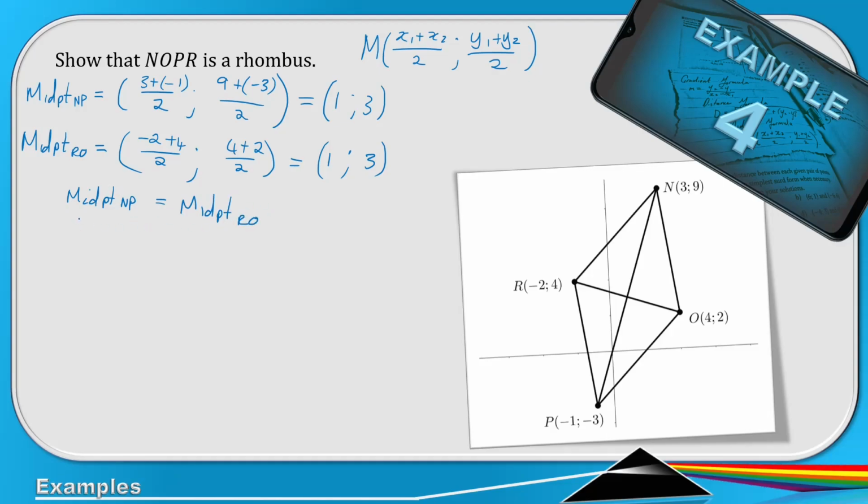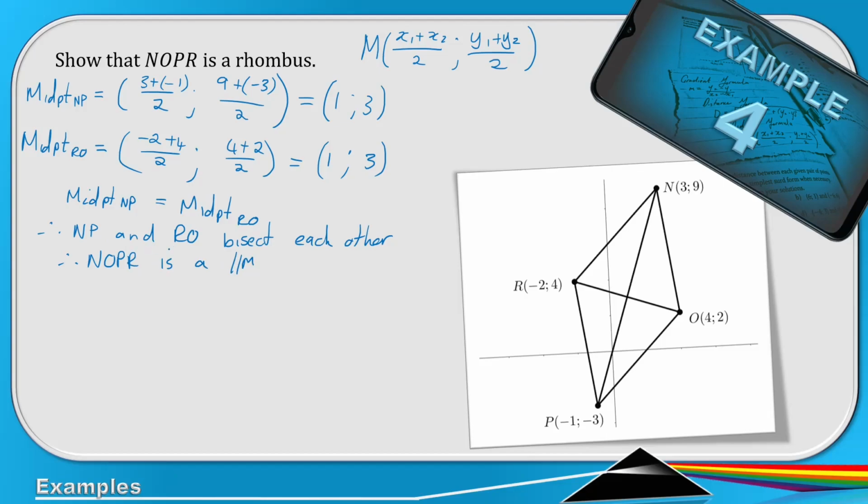Now, therefore, I can say that the diagonals bisect. So, therefore, NP and RO bisect each other. Okay, so therefore the quadrilateral NOPR is a parallelogram.